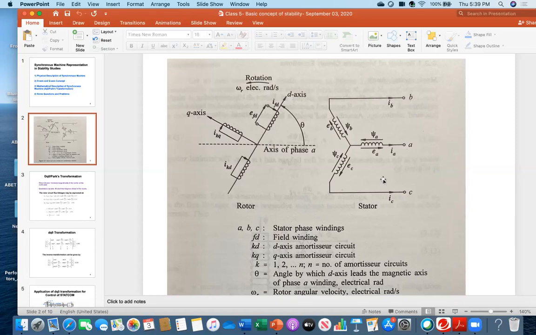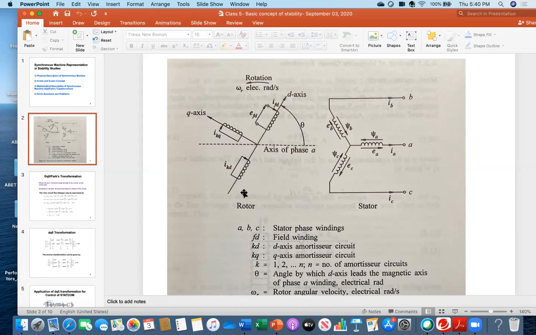That's why you can express these stator quantities, time varying quantities, in terms of the rotor field circuit and then damper circuit quantities, just with the help of theta. And you can make those time varying quantities independent of time. Only they will be functions of theta.